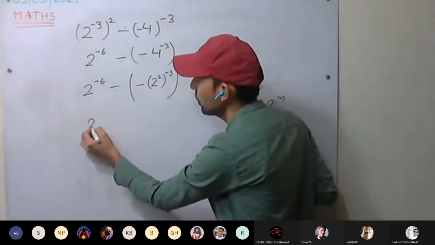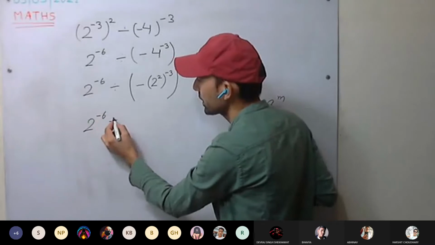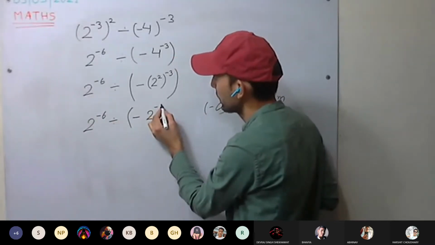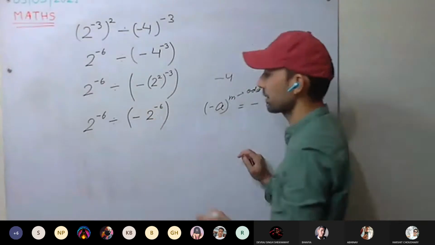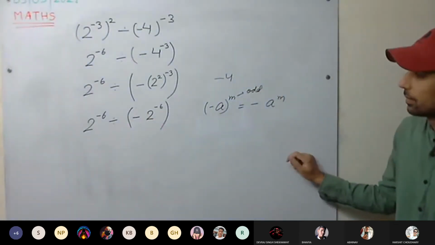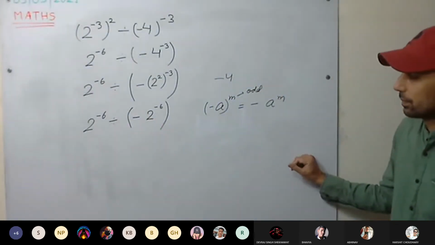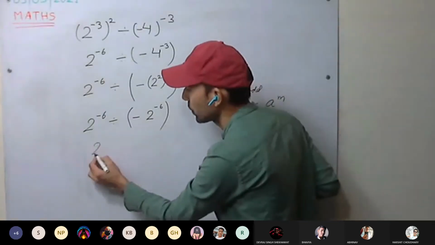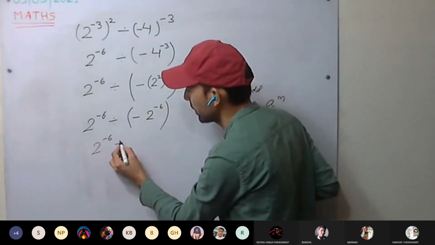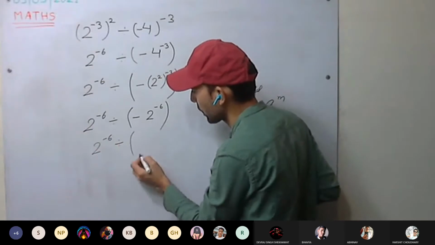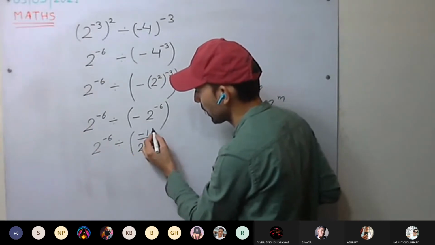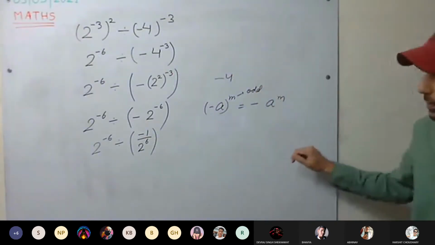Now 2 raised to power minus 6 divided by minus 2 raised to power minus 6. Is this clear? That is, 2 raised to power minus 6 divided by minus 1 divided by 2 raised to power 6.